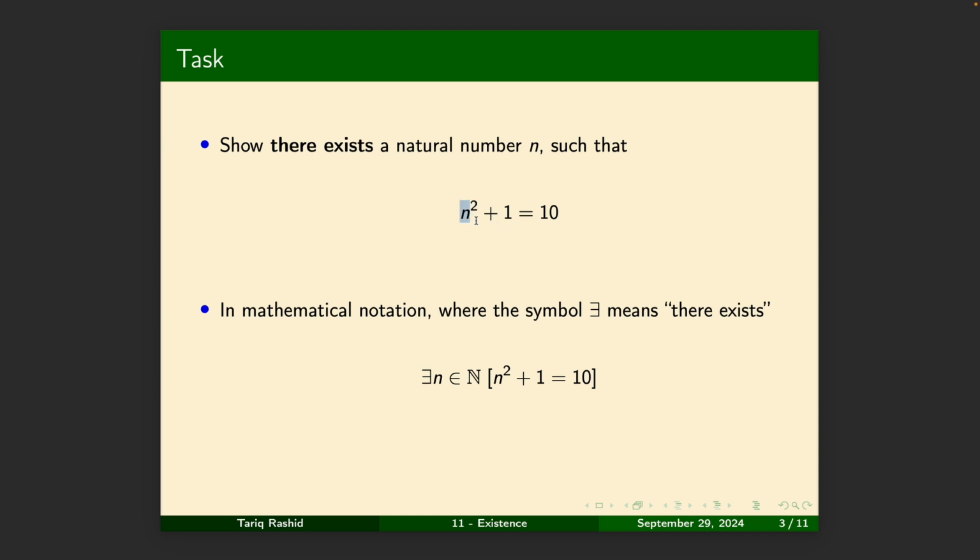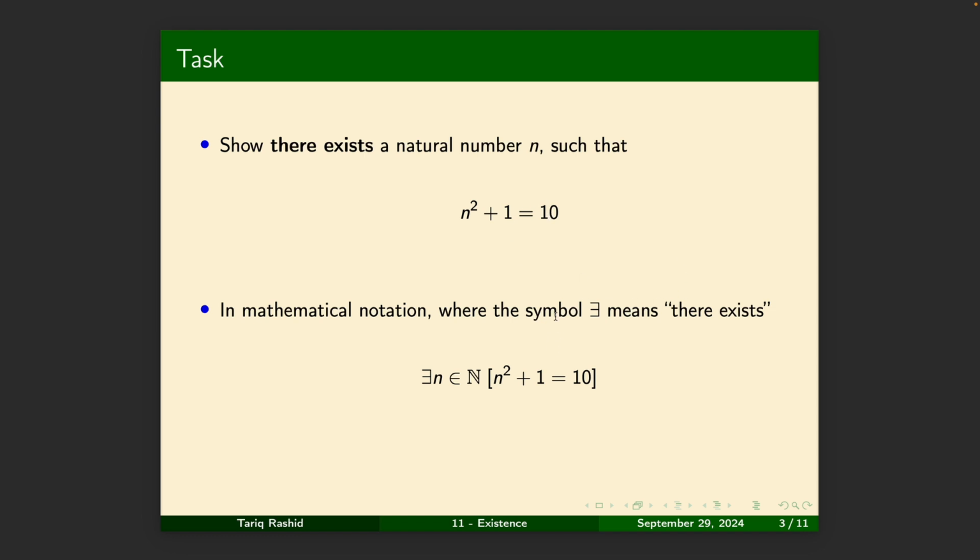So 1 is too small, 1 squared plus 1 is 2. 5 squared is 25 plus 1, 26, that's too big, so it's somewhere between 1 and 5, so that's not too difficult to search. Let's say 3 squared is 9 plus 1 is 10, so we found n. We found that n is 3 satisfies this condition, and that's all we need to do, in terms of proving that there exists a natural number n such that n squared plus 1 is 10.